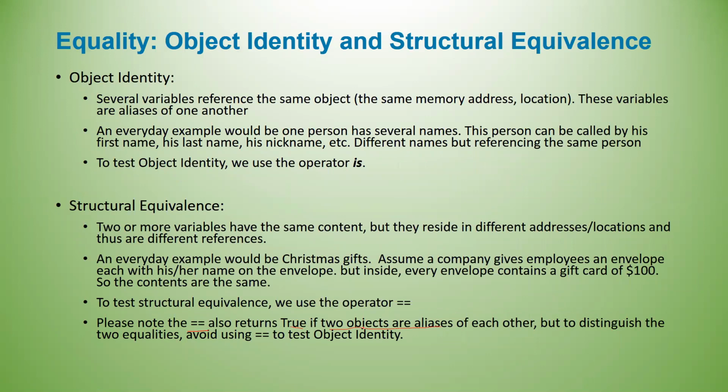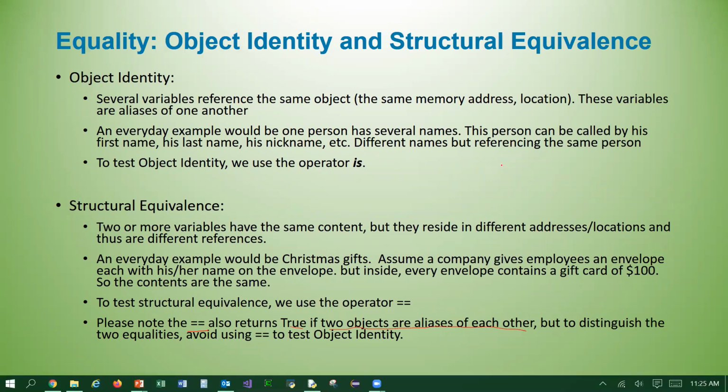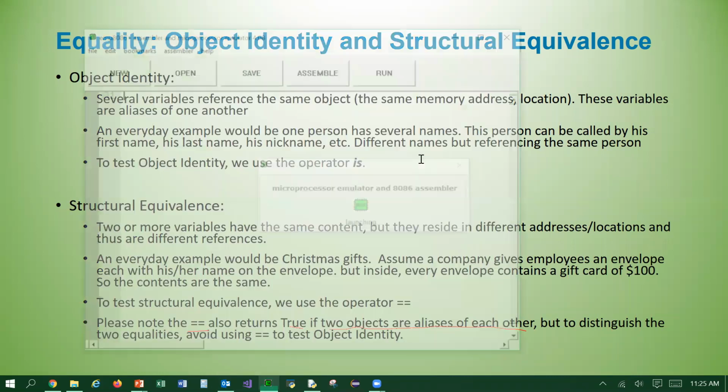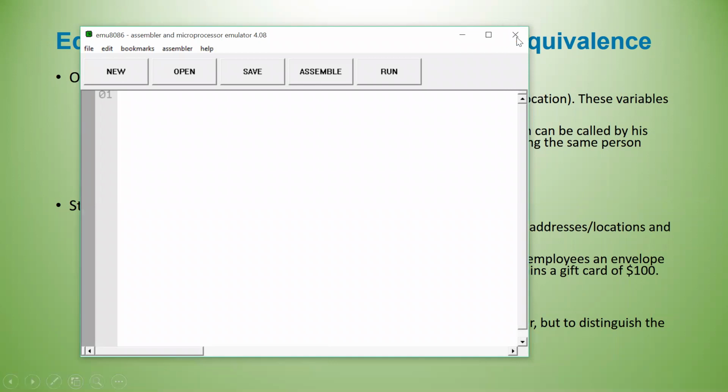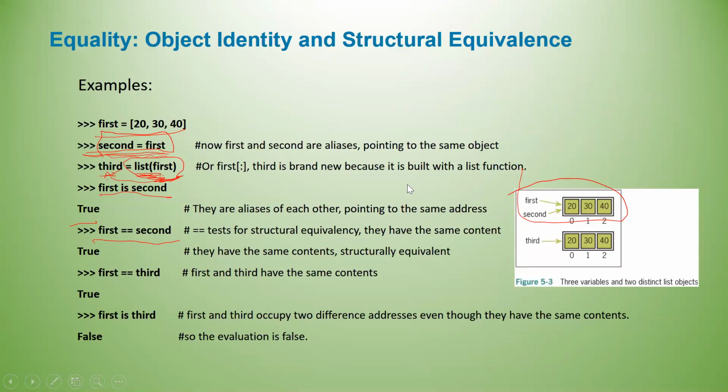So it also tests object identity. And this is for computer organization, by the way. When you do this, it's testing the structural equivalence. First is second, this is correct, structural equivalence, that's true. And first equals third is true, because first and third have the same contents.